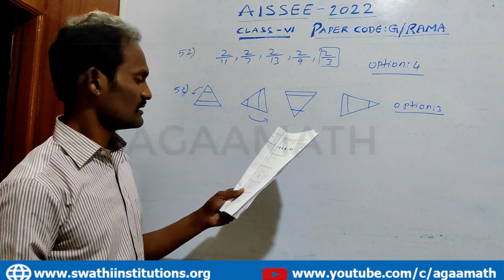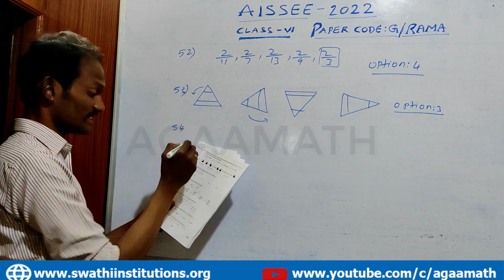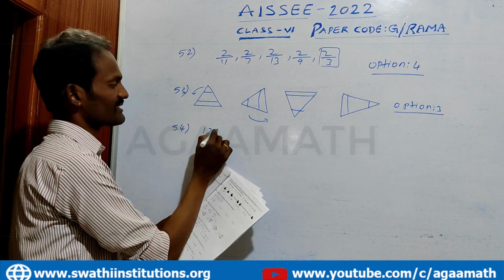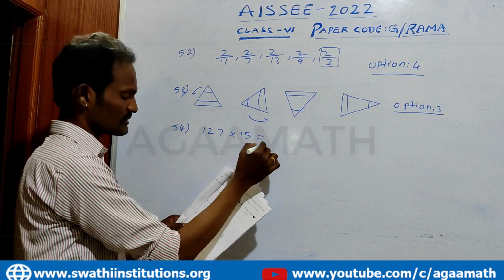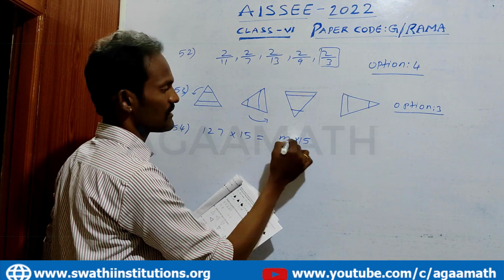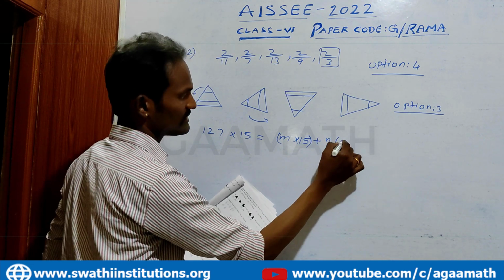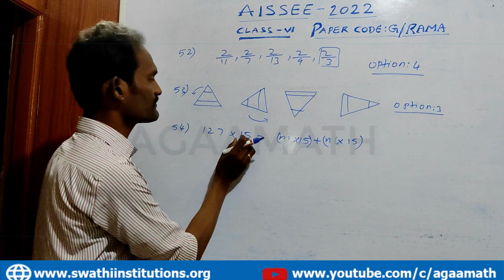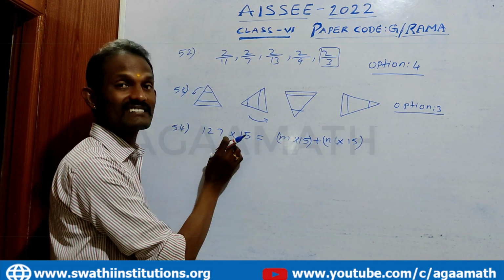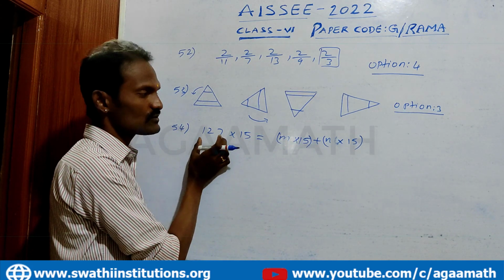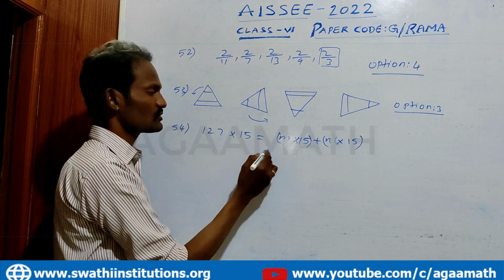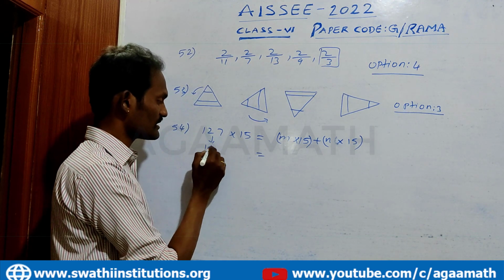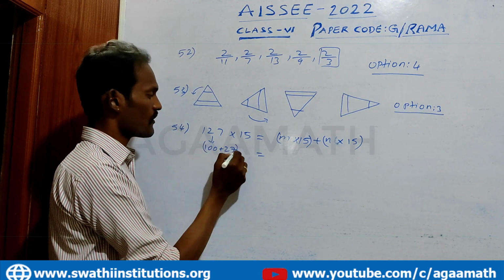Right answer. Now coming to 54. It's a good question, using the properties. You have to apply properties here. The question is given like this: m times 15 plus n times 15. If you observe, the 15 doesn't change. 15 is as it is. It means you have to split this 127. So I can write it as 100 plus 27 of 15.